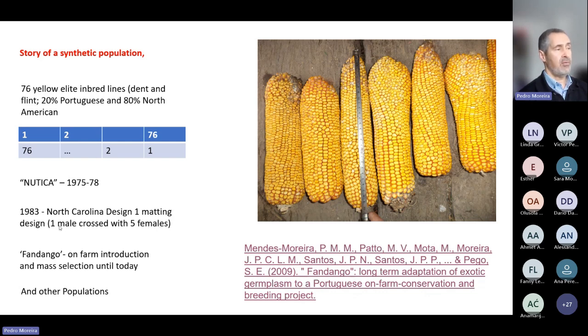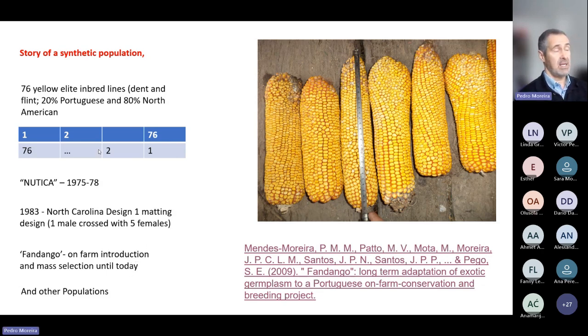And the seed that you obtain from all the borders was kept, and was introduced on farm, and that is still used today, and started to be used in a mass selection procedure.